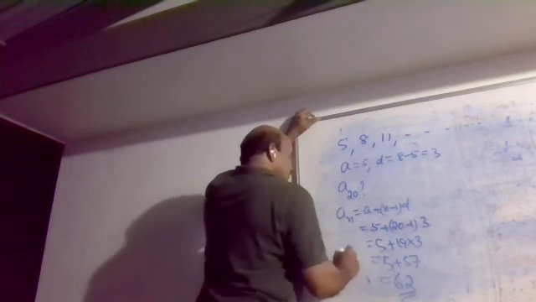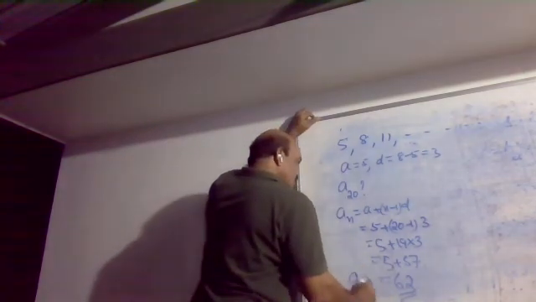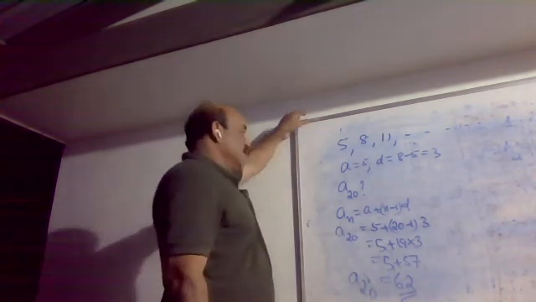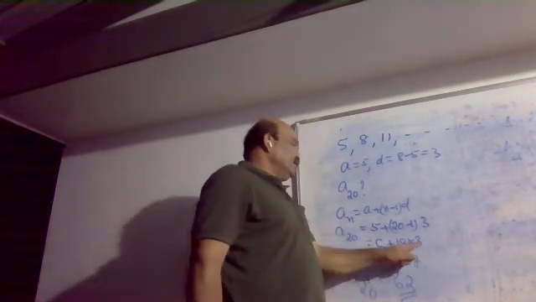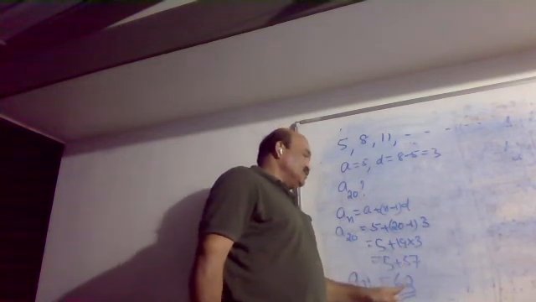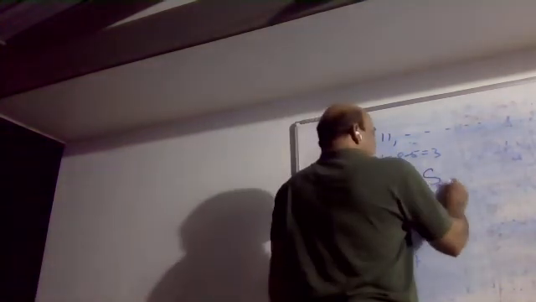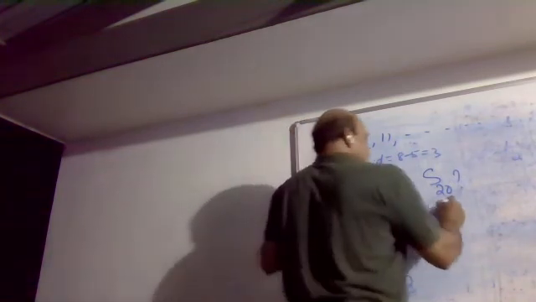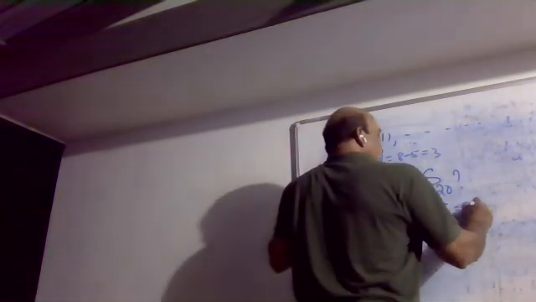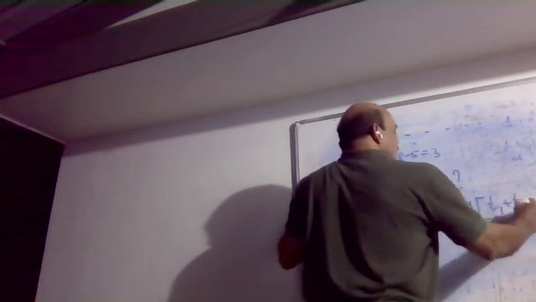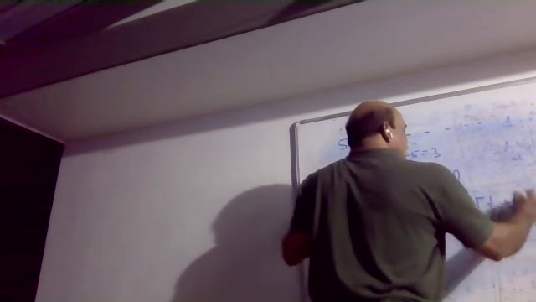That is, a20 = 62. It is a + 19d, which is 5 + 57 = 62. Suppose you want to find S20, the sum of 20 terms. So Sn = n/2 times (first term plus last term), t1 + tn.